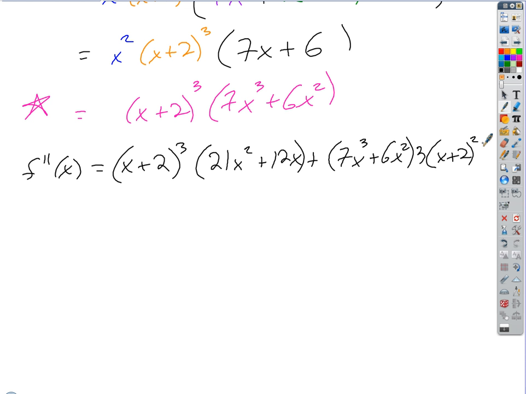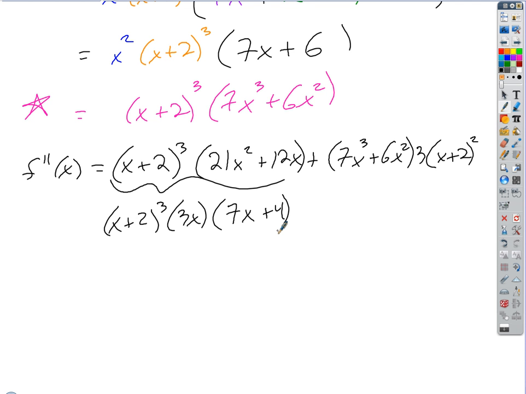Okay, so then what have I got? What kinds of bases do I have here? Well, I could factor out x's from each of these. On this side I could pull out a 3x from this stuff. So I'd end up with x plus 2 cubed times 3x times what would be left over? 7x plus 4, right?